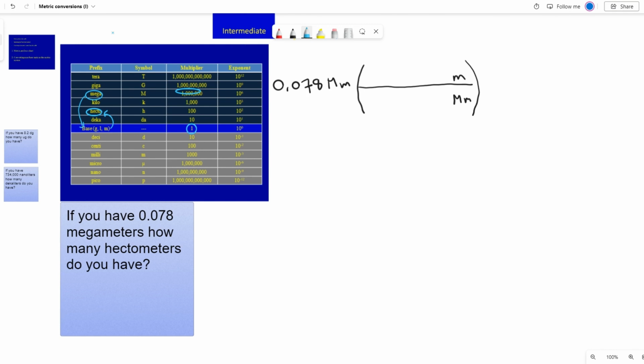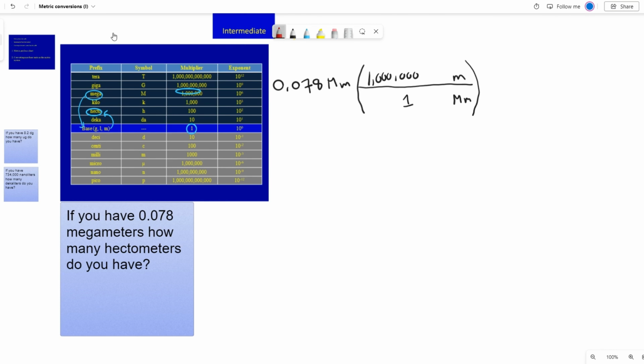So which one is larger? That's the first question that you have to ask. Well, the mega is larger than the base unit. So the larger one, the big one, gets the 1. And then we take a look, well, how many times bigger is it than the meter? Well, based on that chart there, it's 1 million times bigger. So we put a million up here for the meter.